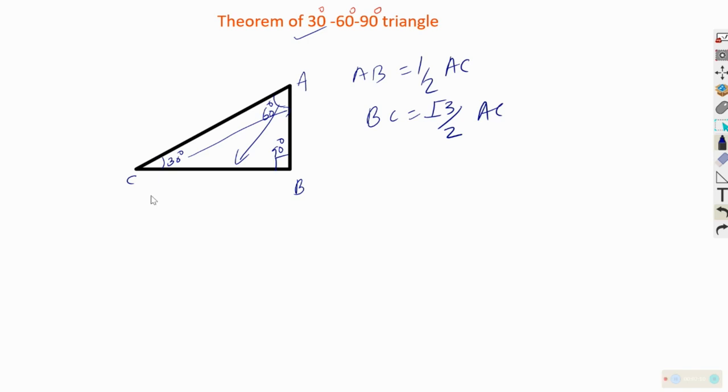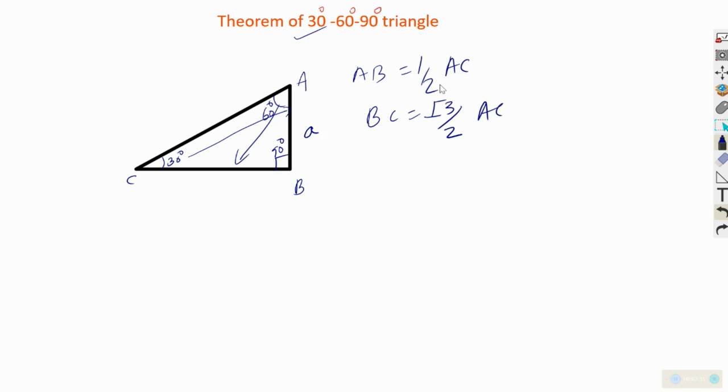Suppose I write this triangle in such a way that this side is equal to A. So naturally A is opposite of 30 degree.